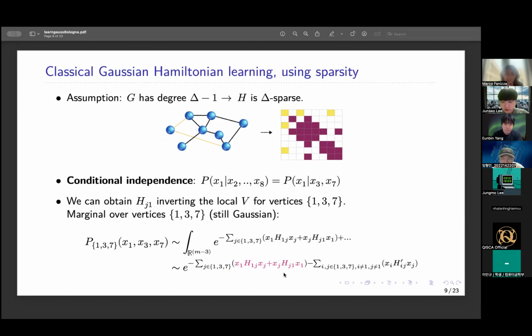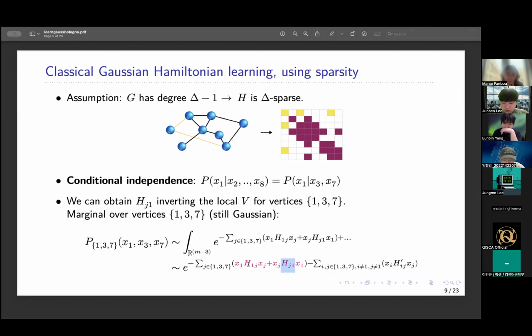And it turns out that the Hamiltonian of the resulting density has the same first row and first column as the original one.